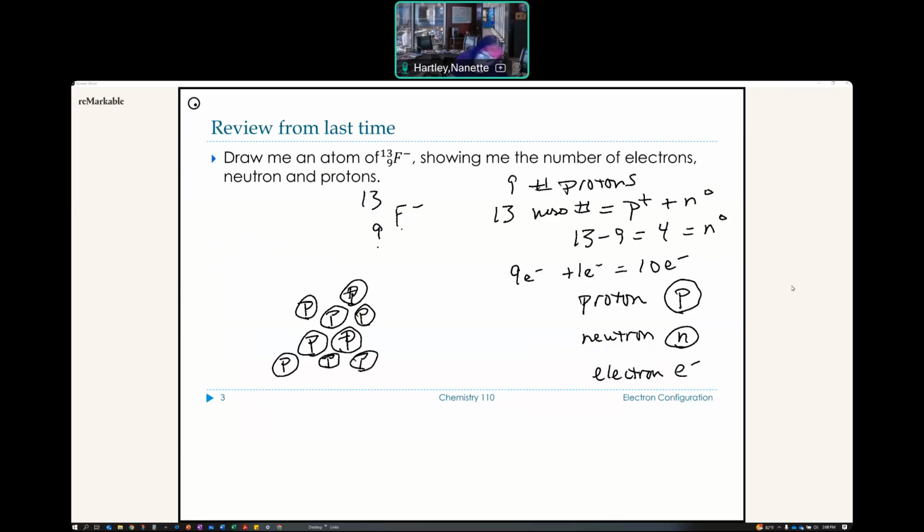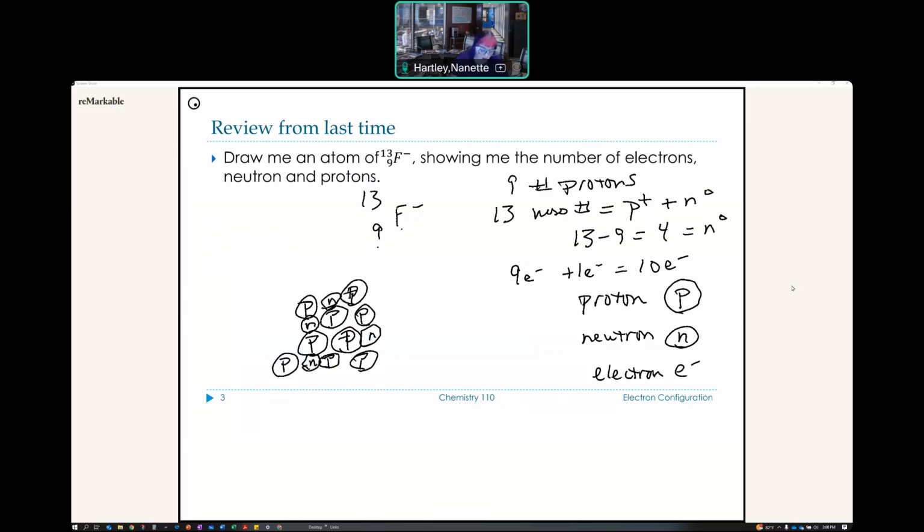I know that I need 4 neutrons. And put it in over here. And put it in then right here. So 1, 2, 3, 4 neutrons. That's everything that's in my nucleus. And then I need to have 10 electrons.